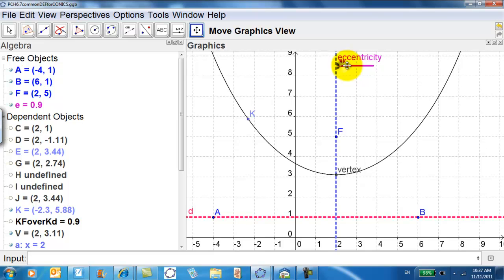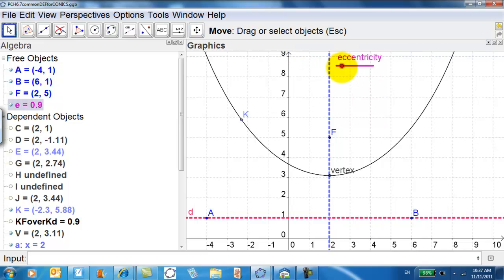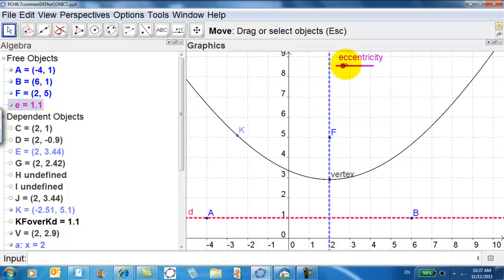Same thing with hyperbola. If you zoom out on the hyperbola, that looks like a parabola as well.